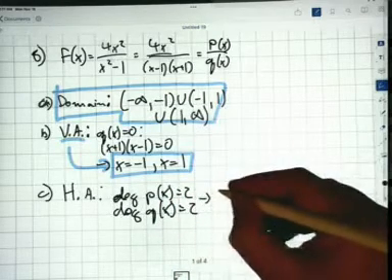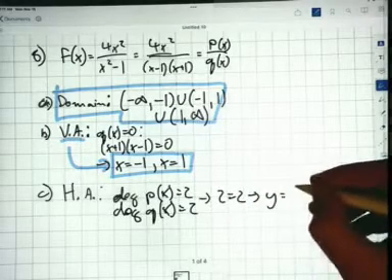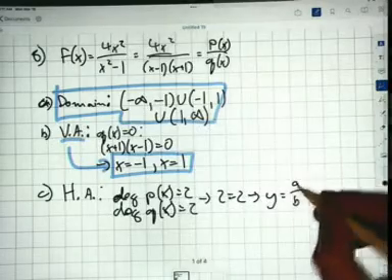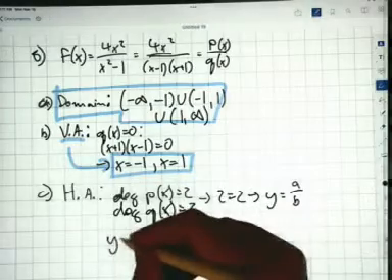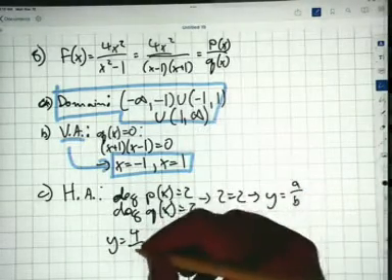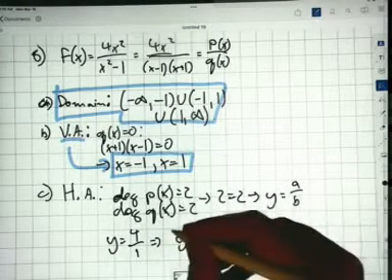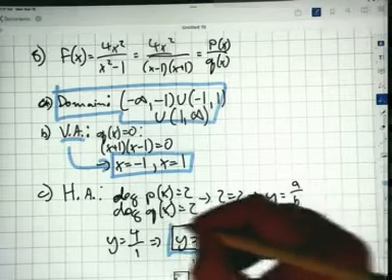So since 2 is equal to 2, then y is equal to a over b, where a is the leading coefficient of the numerator, so that's 4, and b is the leading coefficient of the denominator, that's 1, so that means that y is equal to 4. There is our horizontal asymptote.